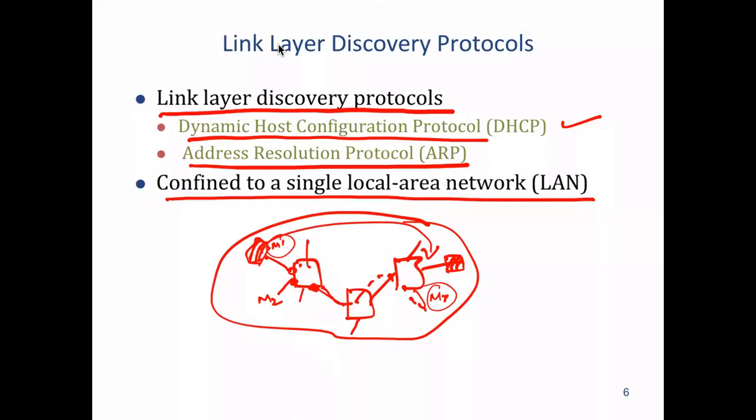How will it come to know that M7 is on this particular port? It will come to know when in the past M7 has communicated a message to any one of the machines on this side. If that understanding is not there, then broadcast will happen, and the broadcast will reach each and every machine.